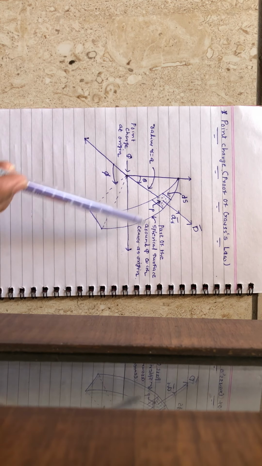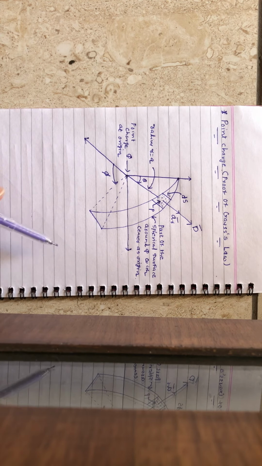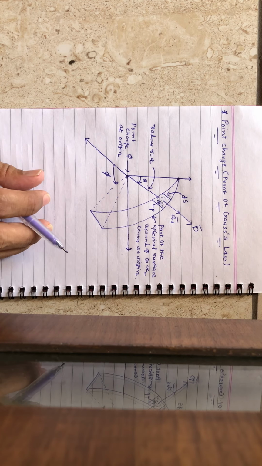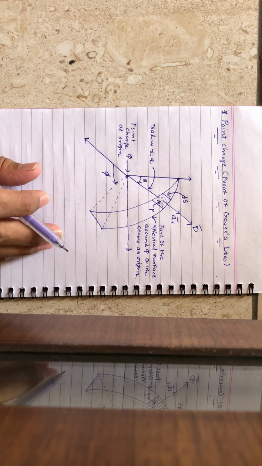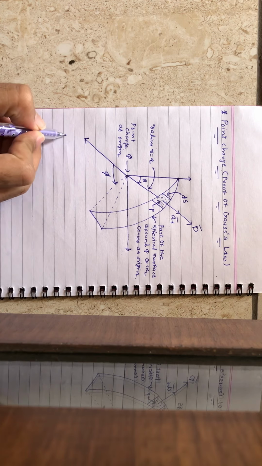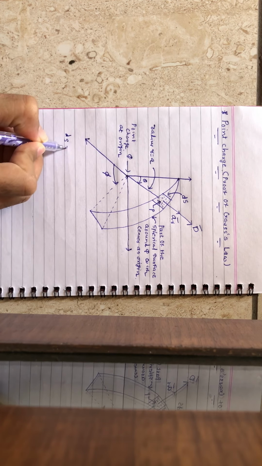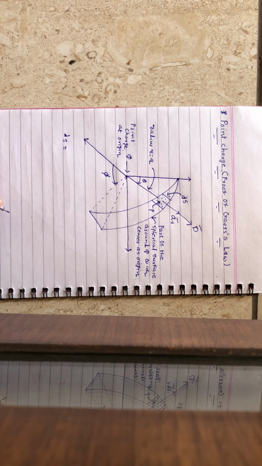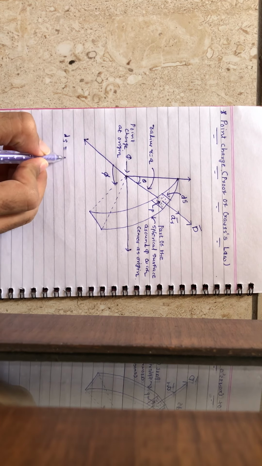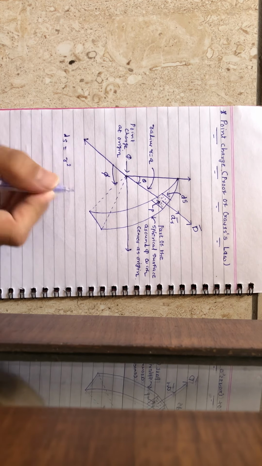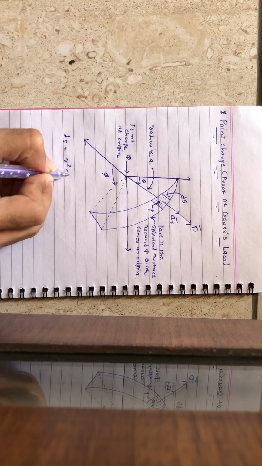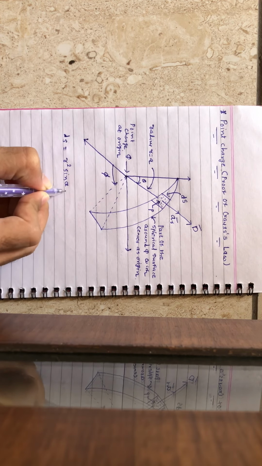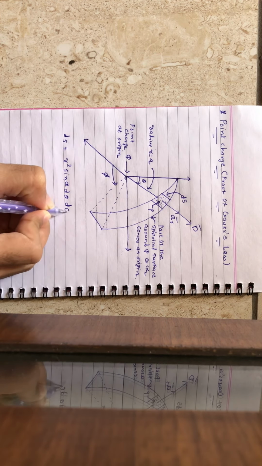Now as all of you know, what is the equation of ds in a spherical coordinate system? That is r square sine theta d theta d phi.